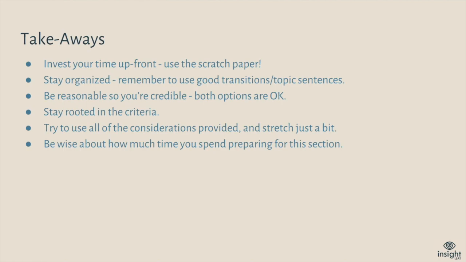It's just a little bit of a stretch from what's in the prompt, but I don't think it's an unreasonable one, right? But when you're going through that prompt, there's a lot of details about each of the proposals, and it's good to try to use all of them if you can.